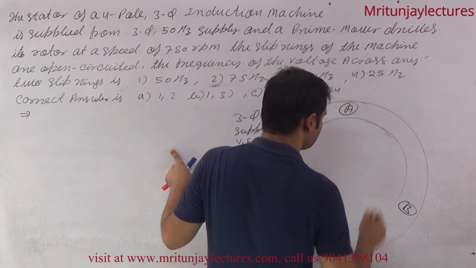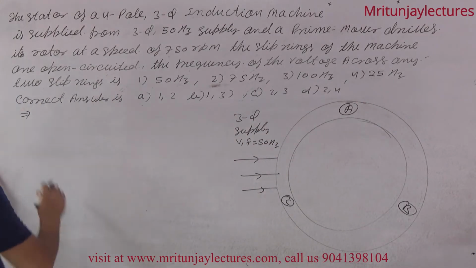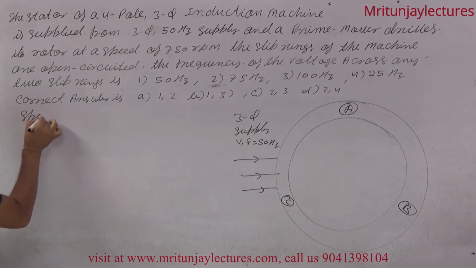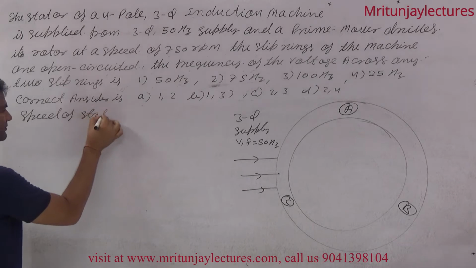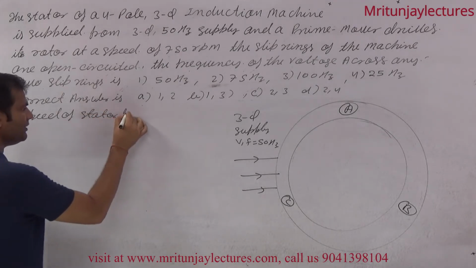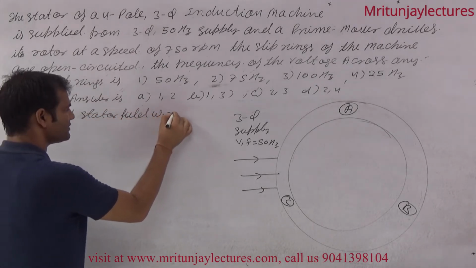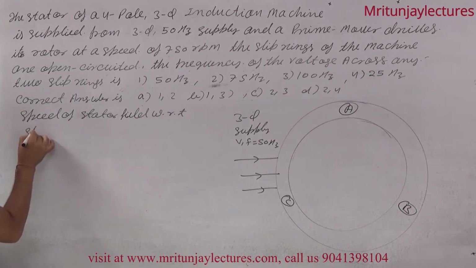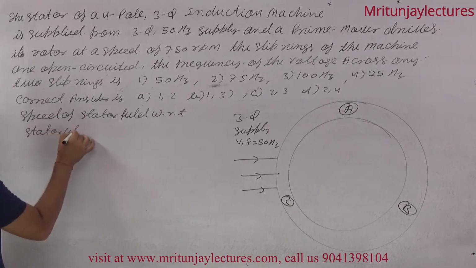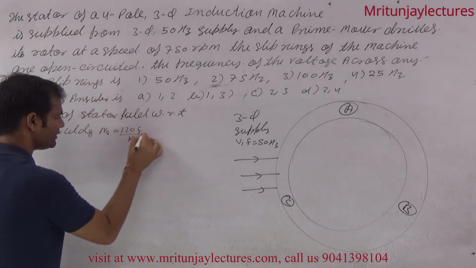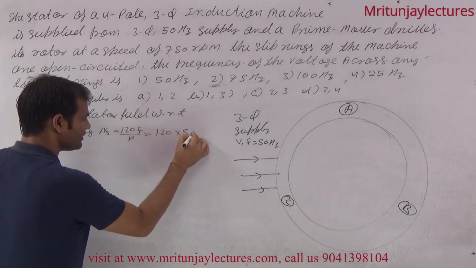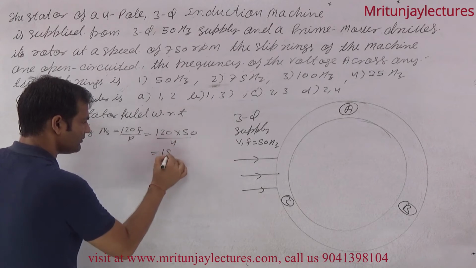Now the speed of stator field with respect to stator winding is equal to 120 F by P. It is written as 1500 rpm.